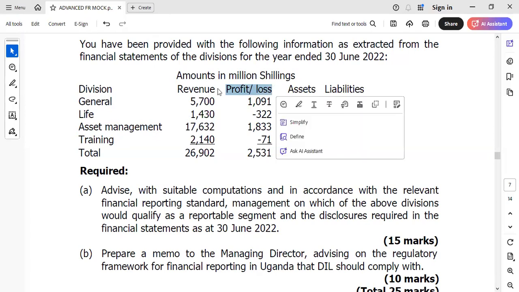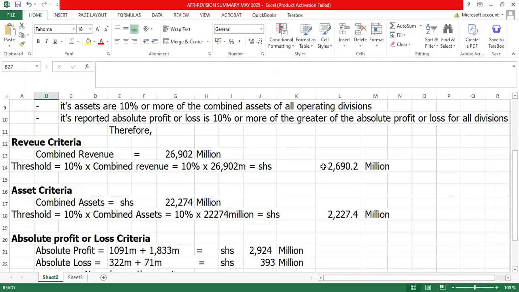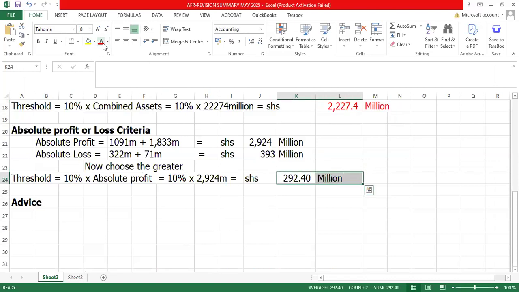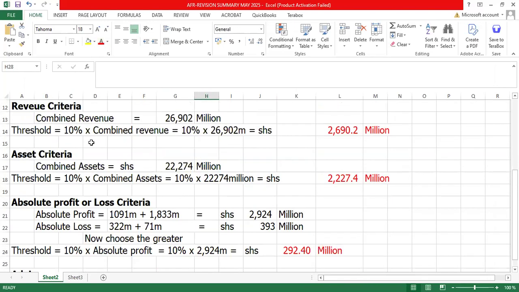When you observe from our question, because these are our thresholds, you just observe: does general division qualify under all criteria? You can start with that.